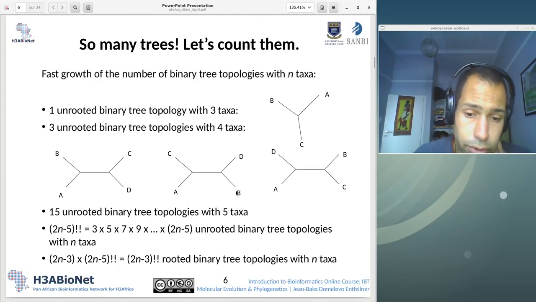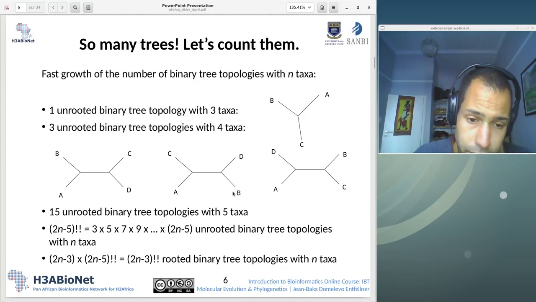Okay, so here, for instance, if I want to go from B to D, I can go with 2 edges. D is my closest neighbor if I'm B. And it's different for me to go to A or to go to C. Okay, there's only 1 path linking any 2 taxa, because we are in a tree, and so there is no ambiguity.